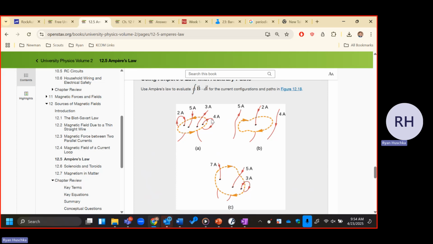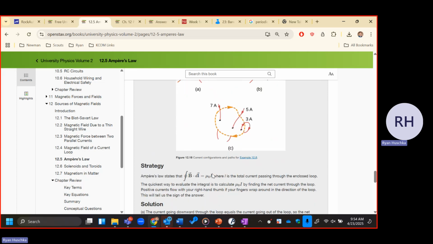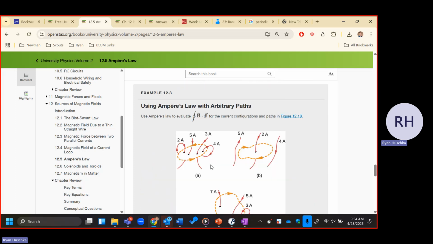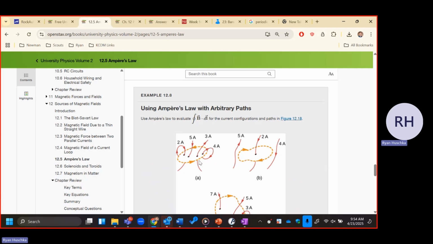We could basically just add them all together to find our total I going through that surface. But some of it is going up, some of it is going down, so we have to assign a direction. Thinking about our B field going around counterclockwise, 5 amps is in the negative direction, 3 amps is positive, 4 amps is positive, and 2 amps is negative.